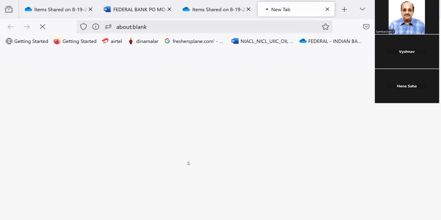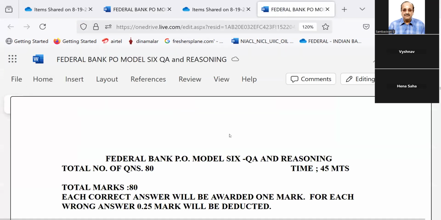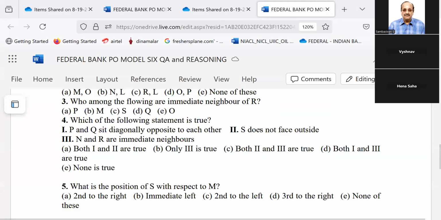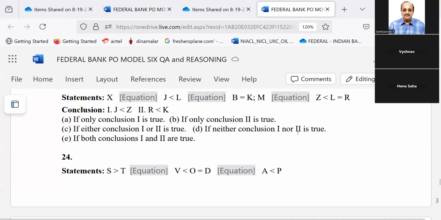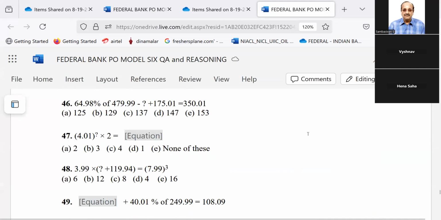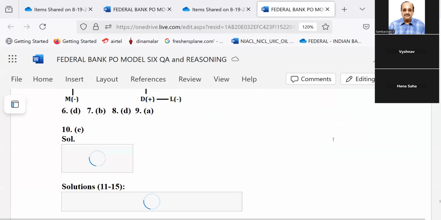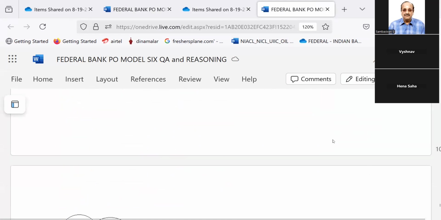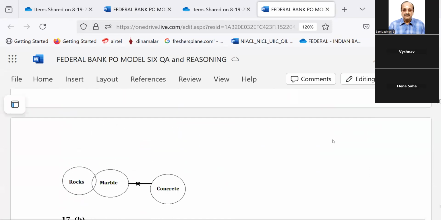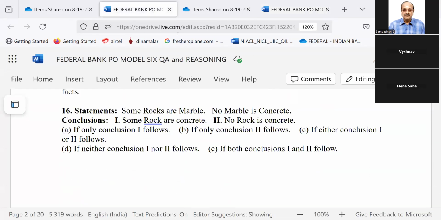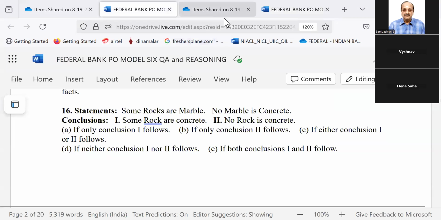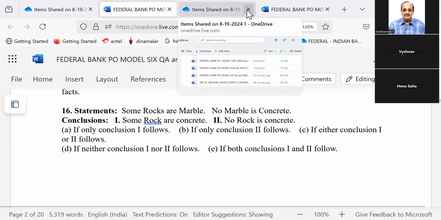And this is the problem I'm doing. Let me have it on one side here. Answers on one side, question on another side. Please take care of this.